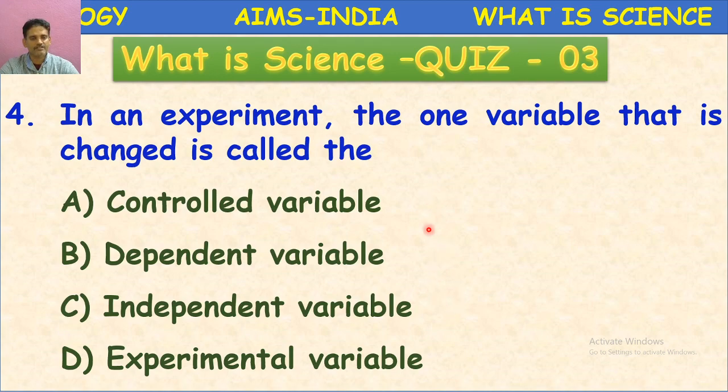Those who are in live chat, please answer the question. Question number 4. Yes, independent variable. Because here, the one variable that is changed is different from the remaining. So, independent variable.